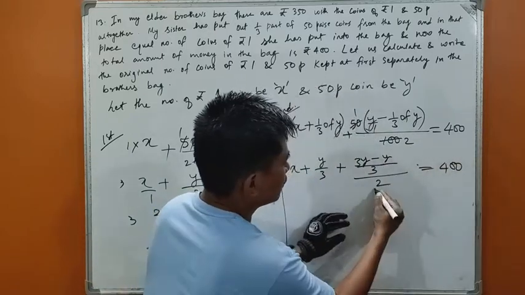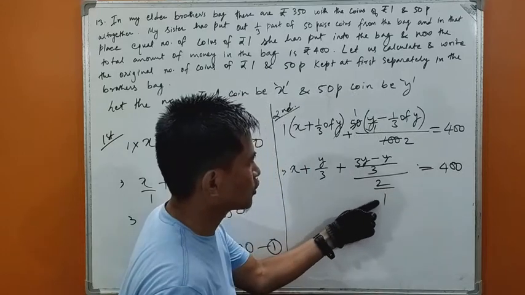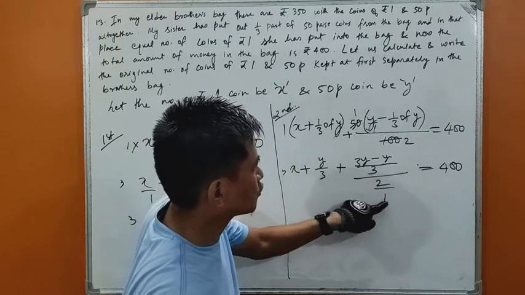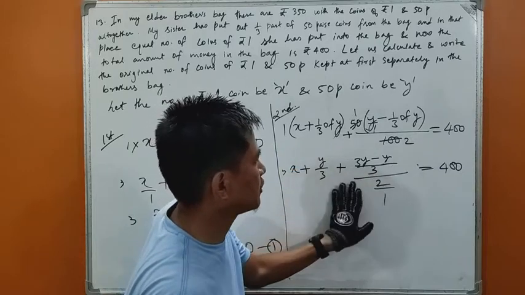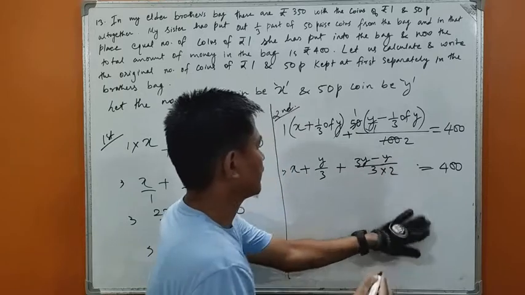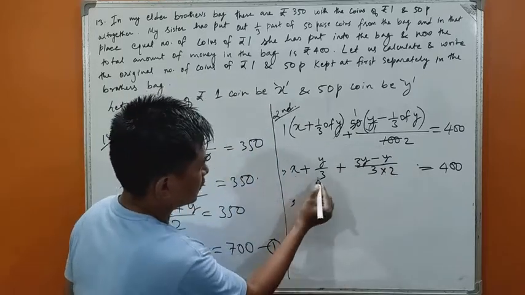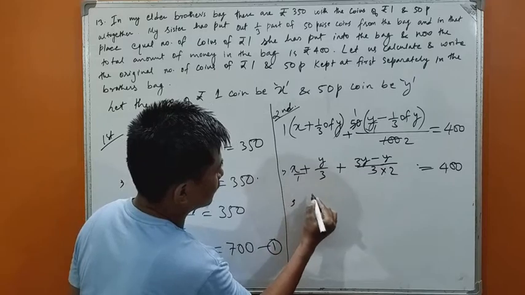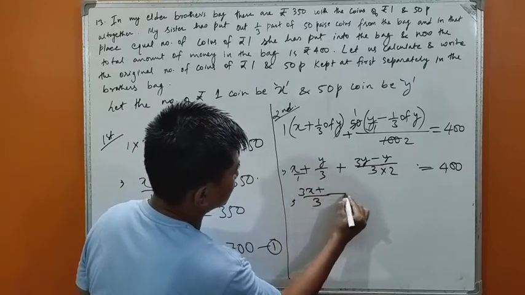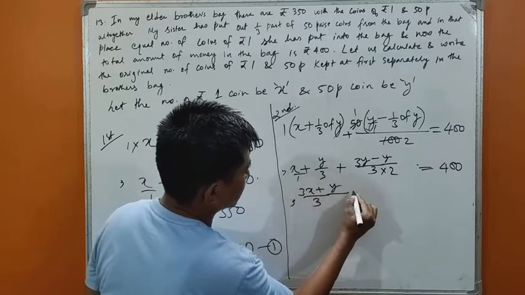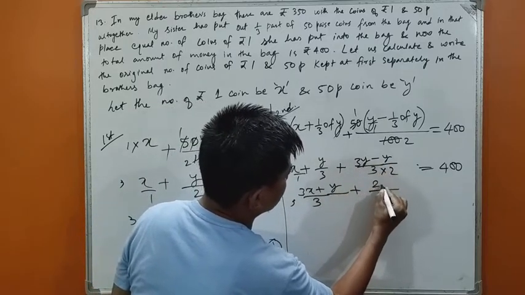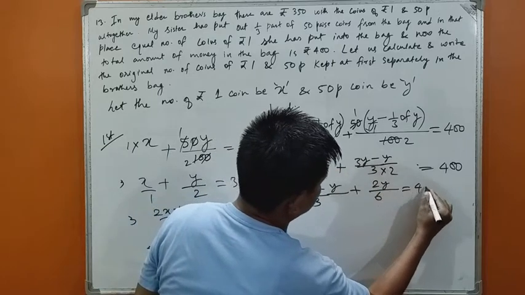Actually below this 2 there is 1, so when you take to the numerator, this 1 goes up here in the numerator and 2 remains down, so this 2 can be written here, 3 into 2. Okay, now let us take the LCM of 1 and 3. 3 into x is 3x plus 1 into y is y plus 3 into 2 is 6. 3y minus y is 2y equal to 400.